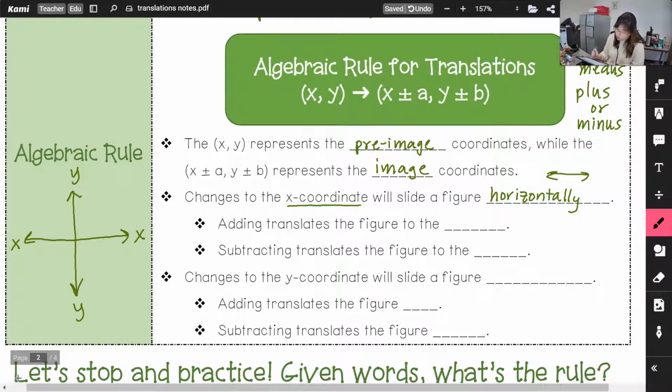When we are on this x-axis, when you move to the right, the numbers get bigger, right? Like if we were to label this 1, 2, 3, the numbers get bigger as you move to the right. So that means when you add to x, you're moving the figure to the right.